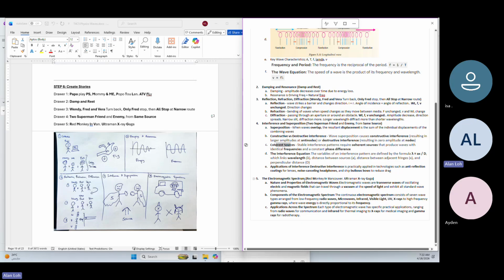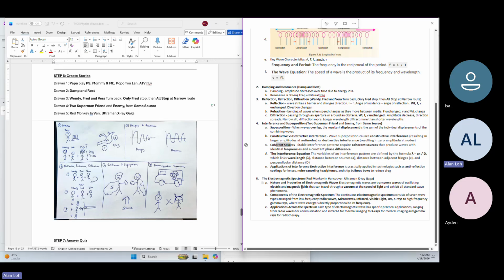Last story, this is easy. This is to help you remember the 7 electromagnetic spectrum. Red monkey in Vancouver, Ultraman X-ray Gaga, right? Or you can put red monkey in a van, because Vancouver is very hard for me to draw.